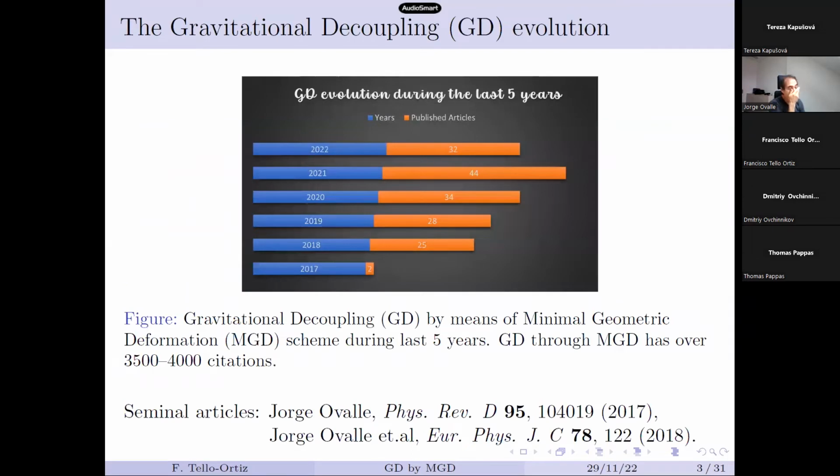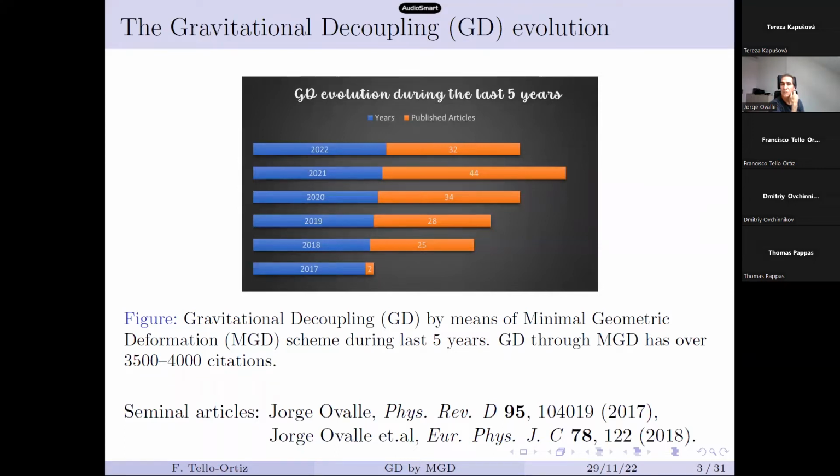Conclusions. First of all, allow me to present you the gravitational decoupling evolution during the last 5 years. Professor Jorge Valle and his collaborators, almost since 5 years ago, have developed this methodology. And since 2017, as you can see in this graph, there has been a growing interest in working on this subject.